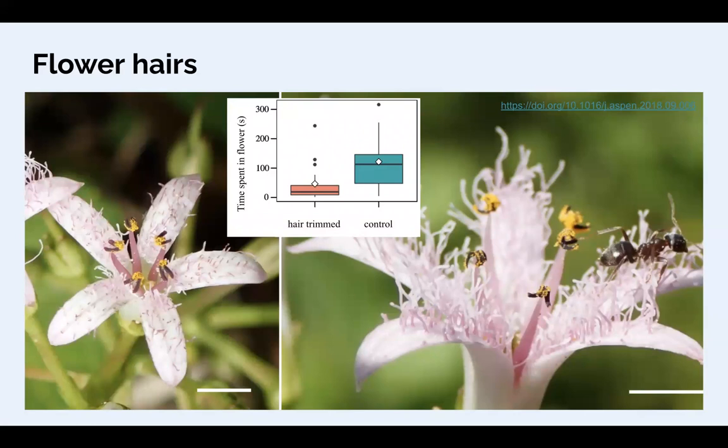And why might that be valuable? Think about it. One potential value to having animals in your flower longer is that they have longer time to get pollen on them, or if they've already got pollen, it gives them a longer time to maybe dust that onto the female structure. So at any rate, definitely a significant contribution of hairs to keeping animals in there for longer, including this ant here.